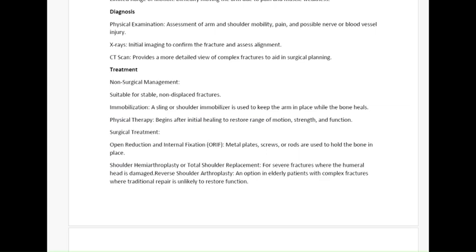Shoulder hemiarthroplasty or total shoulder replacement for severe fractures where the humeral head is damaged. Reverse shoulder arthroplasty is an option in elderly patients with complex fractures where traditional repair is unlikely to restore function.